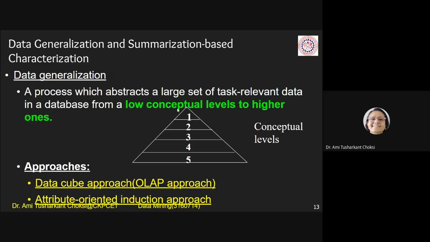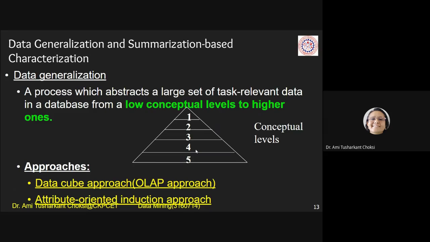Here, say, let us have the conceptual levels 1, 2, 3, 4, 5. The abstraction is in the way that low conceptual levels go to higher ones. Then that is called generalization, right? Here 1, 2, 3, 4, 5 is given.